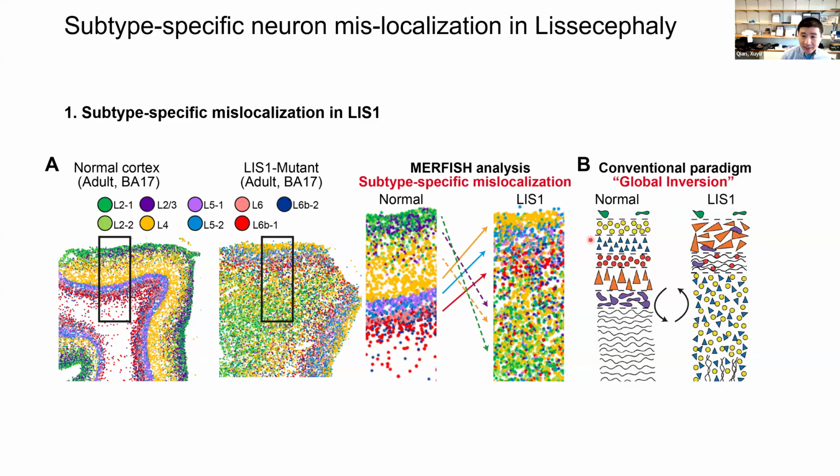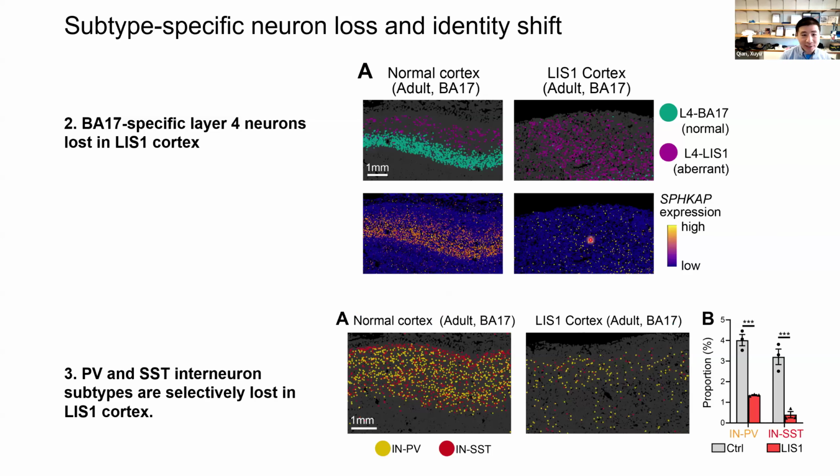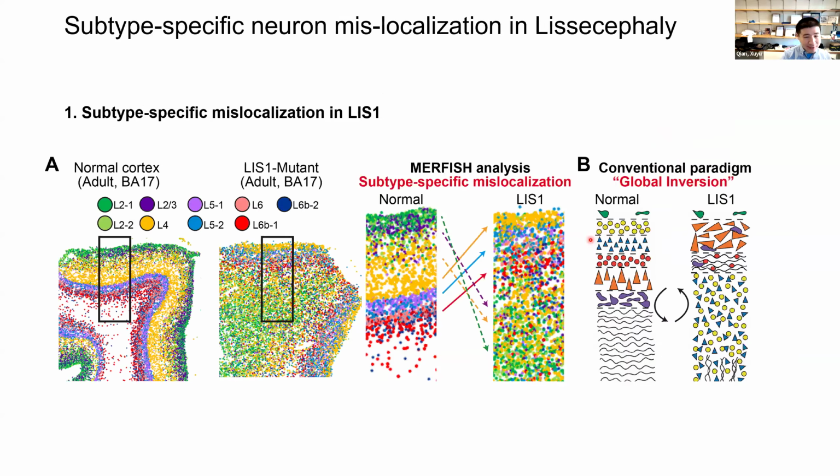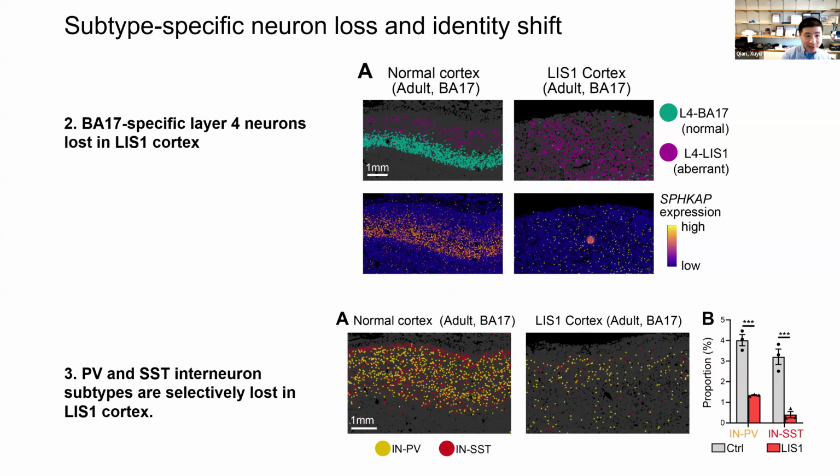It gives us a hint of a cell type specific, developmental stage specific understanding of the disease pathogenesis process, which can be tested in models such as organoids, which I don't have a lot of time to cover in today's talk. We also see certain neuronal subpopulations exhibit an identity shift or total loss.